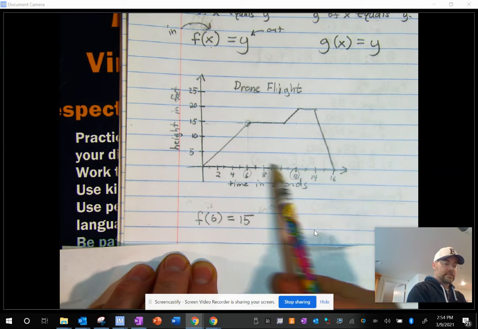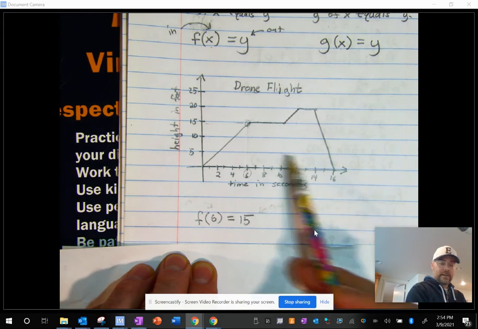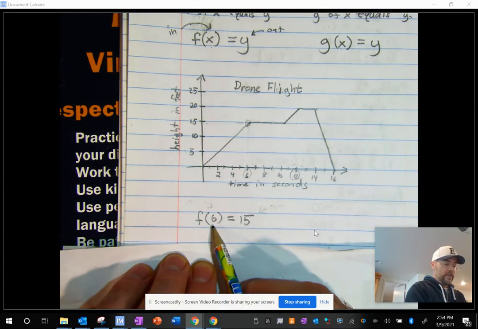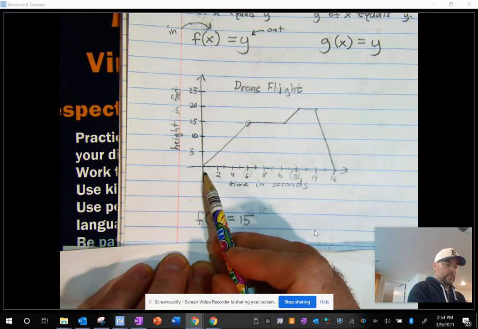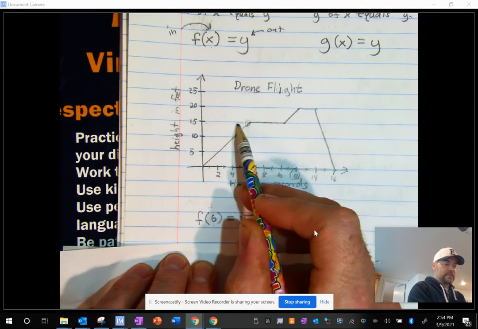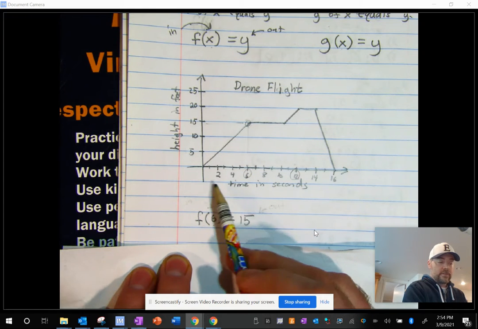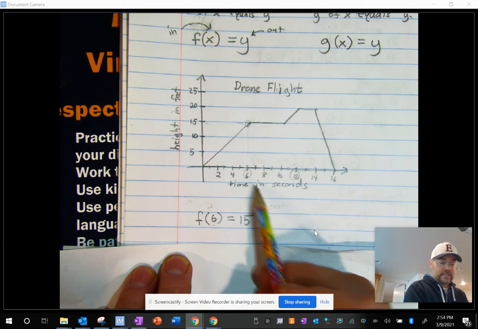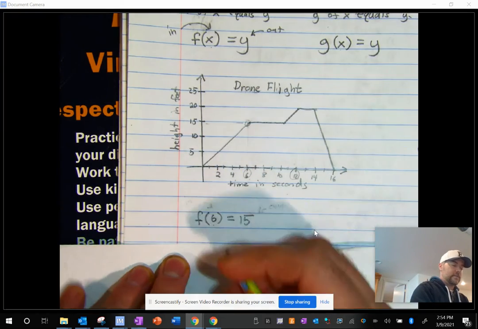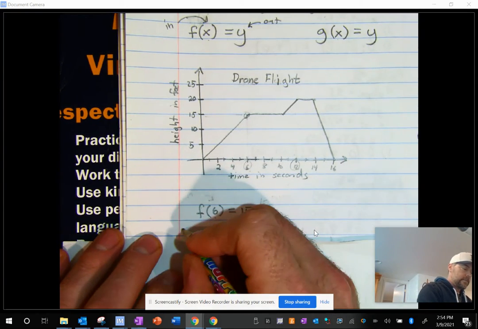This axis right here will almost always be your input, and this one will almost always be your output. So f of 6 equals 15 means when my input is 6, my output is 15. Or in other words, the drone has been flying for 6 seconds, and it is now at 15 feet in height.